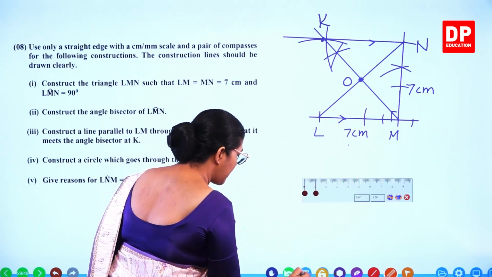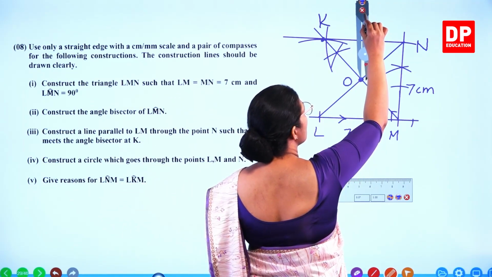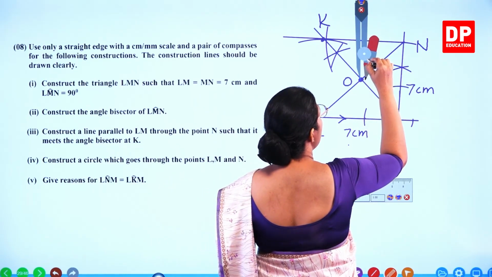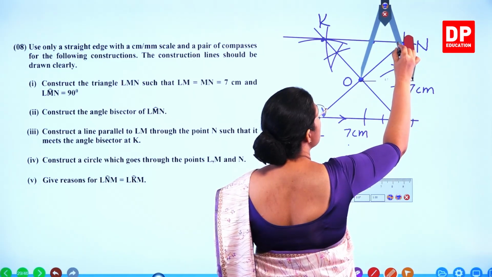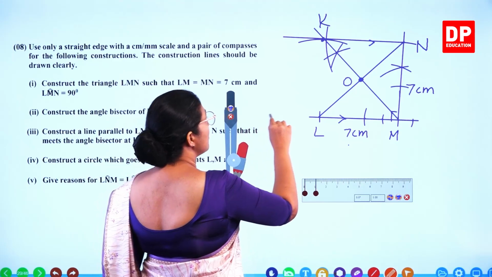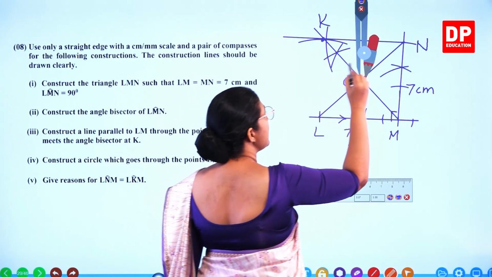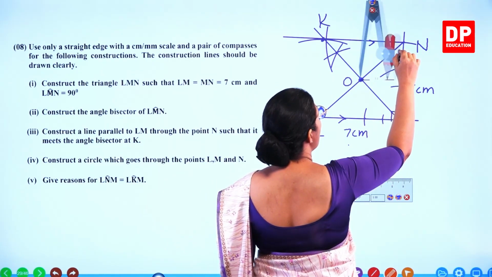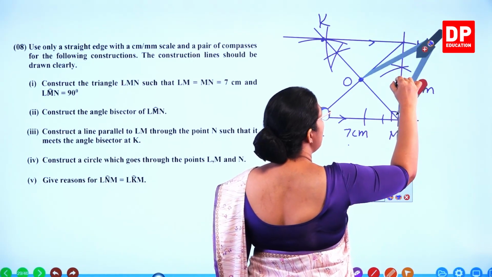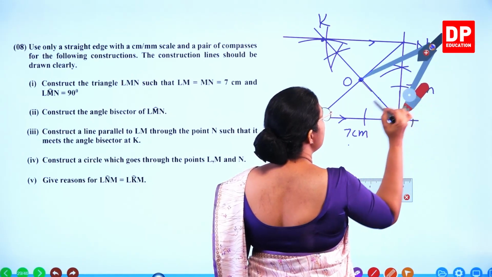So let's take the compass. You can take the distance from O to N or O to L, any distance, because all these are equal. Now let's take the compass and we know that O is the center. Take any length from O, ON or OM or OL, and check the radius.